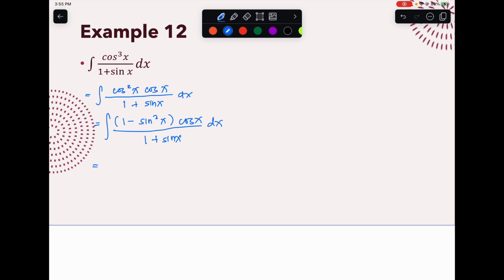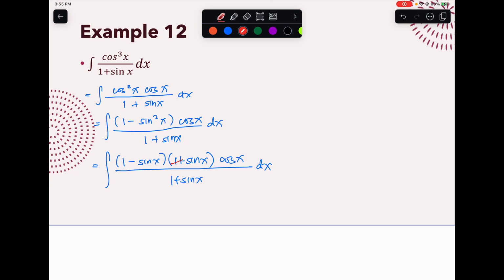And then 1 minus sine squared x is a difference of two squares, so I can write the product of the two: 1 minus sine x and 1 plus sine x, multiplied with cosine x all over 1 plus sine x dx. So 1 minus sine squared is the same as 1 minus sine x times 1 plus sine x. So that would be the factor.